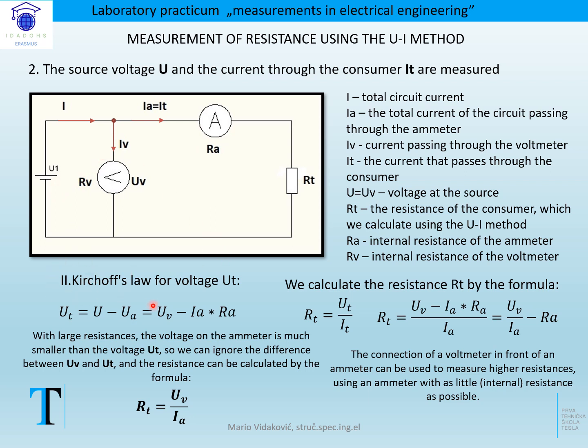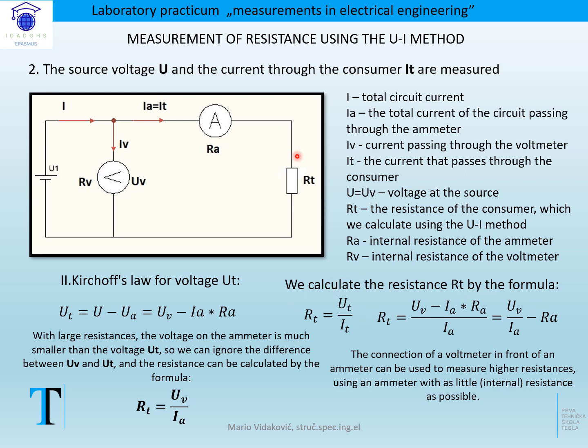Second Kirchhoff's law for voltage says that adding the voltages in the circuit must be equal to the voltage of the source, and UT is U minus UA, and that means UV minus IA multiplied with RA. We calculate the resistance RT by the formula.